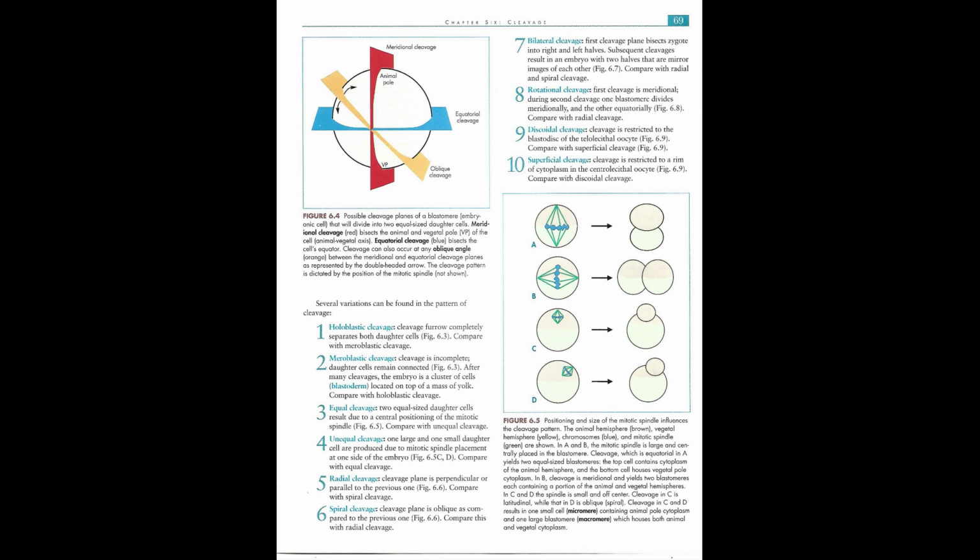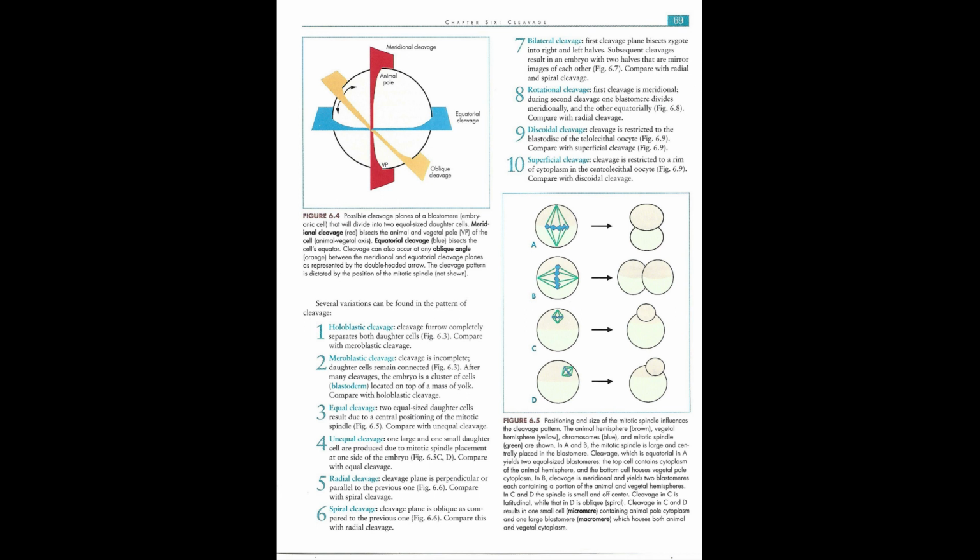Compare with equal cleavage. Radial cleavage: the cleavage plane is perpendicular or parallel to the previous one, Fig. 6.6. Compare with spiral cleavage. Spiral cleavage: the cleavage plane is oblique as compared to the previous one, Fig. 6.6. Compare this with radial cleavage.